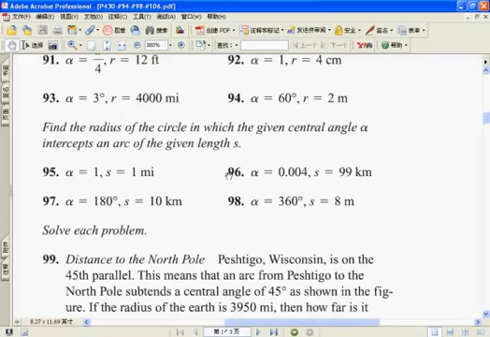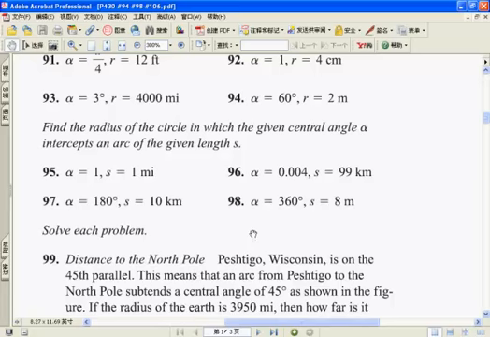Sometimes we know the angle and we know the arc length, so we need to use these two knowns to find the radius of the circle. Now let's look at problem 98. Find the radius of the circle in which the given central angle alpha intercepts an arc of the given length s. Right now we know the angle is equal to 360 degrees, and the arc length is equal to 8 meters.